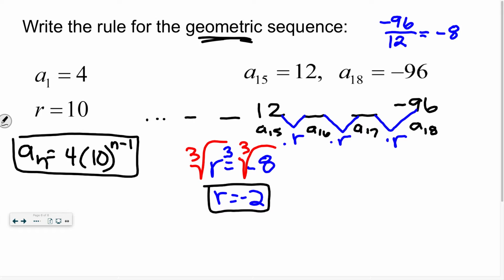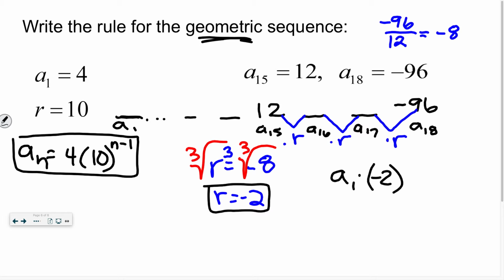Way over here is a sub 1, and we want to know what a sub 1 is. We're going to have to take a sub 1 times our r, negative 2.